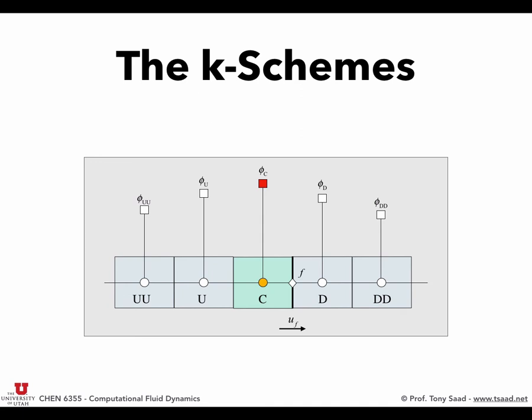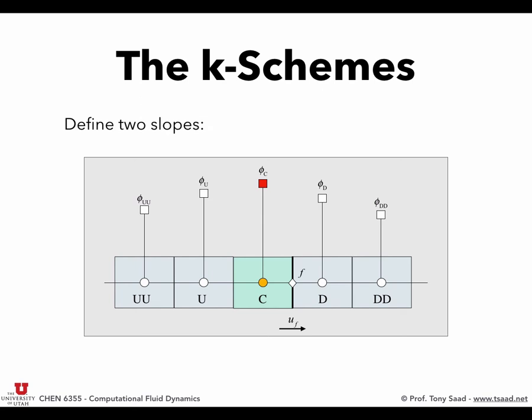If we know the slope of phi at the face, we can deduce phi. Because using the slope, you can say phi at the face is phi at the upwind cell plus delta x over 2 times the slope. So if you know the slope at the face, whatever that slope comes from, you can determine the value at that face.